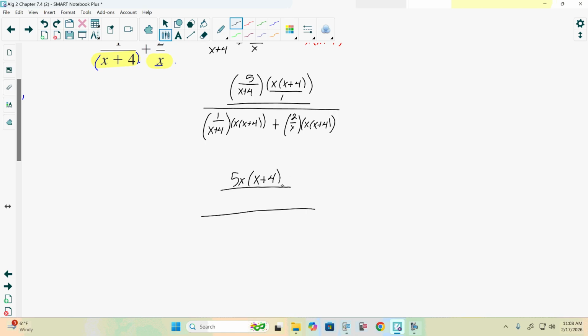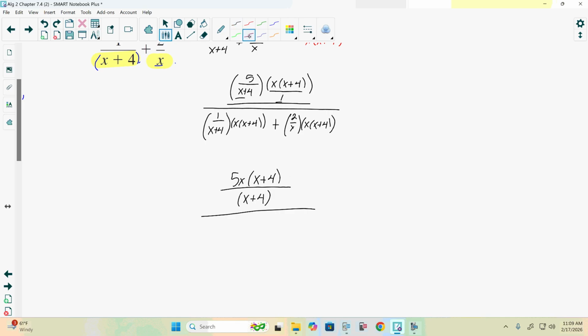Now our 5 times x is going to be, well, 5x. And we'll still have our x plus 4. On bottom, the denominators, our x plus 4 times 1 is going to give us x plus 4. So by multiplying x times x plus 4 by our numerator, gave us 5x times x plus 4 over x plus 4.